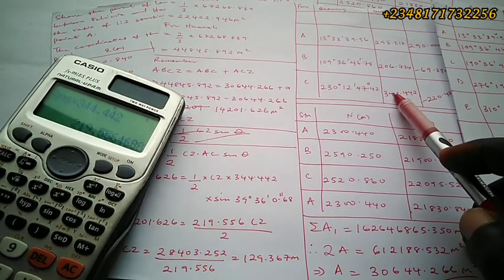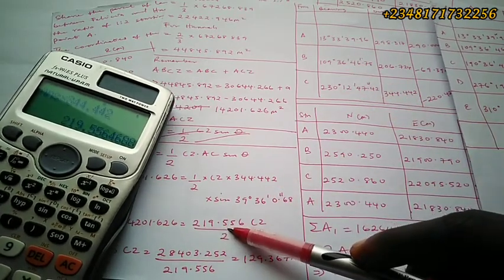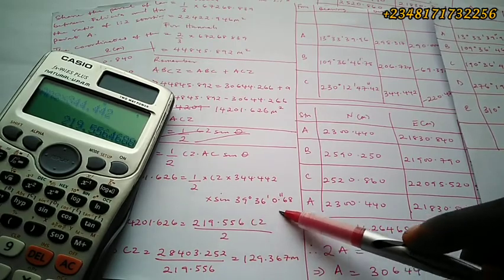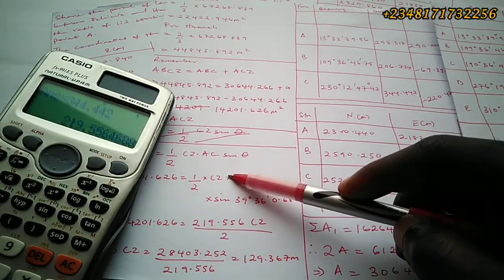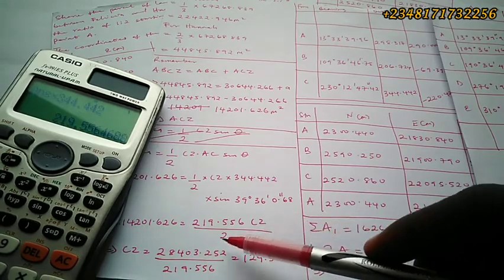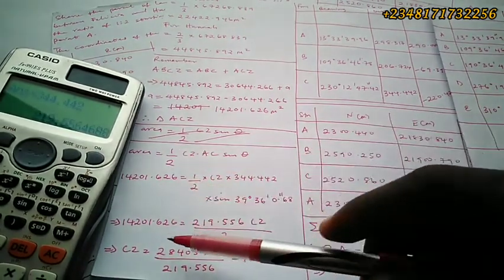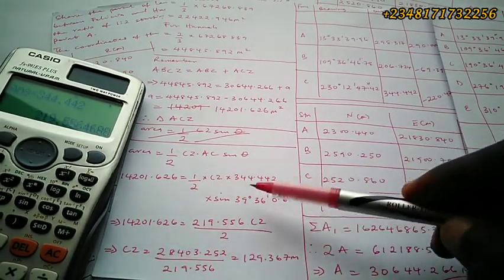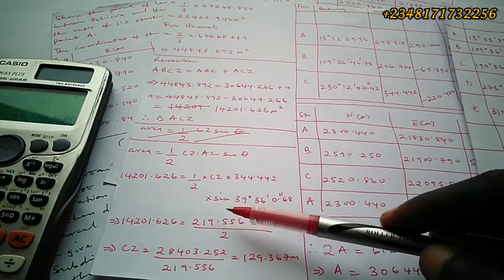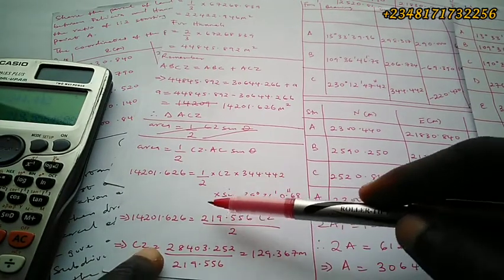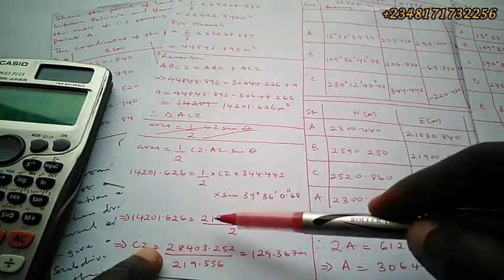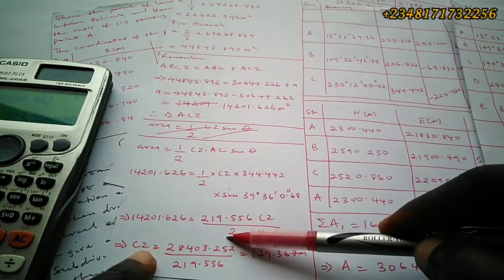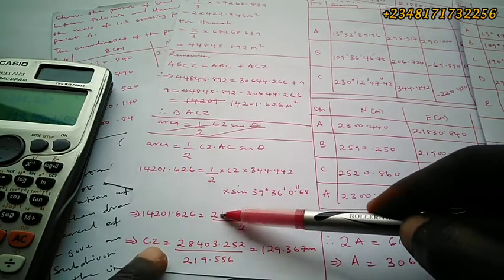So we have 219.556 CZ. Remember that CZ is still part of it. CZ over 2 equal to this. So for us to make CZ the subject of the formula, we have to divide through by the product of this. Are we together? So cross multiply this multiplied by this, then this multiplied by this.